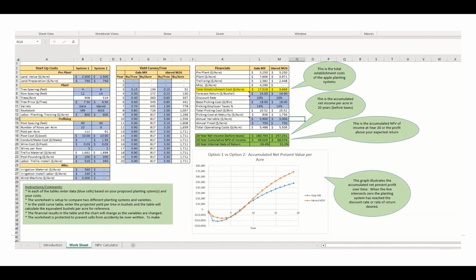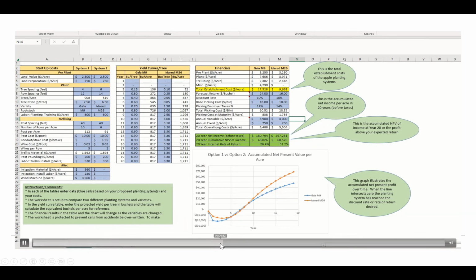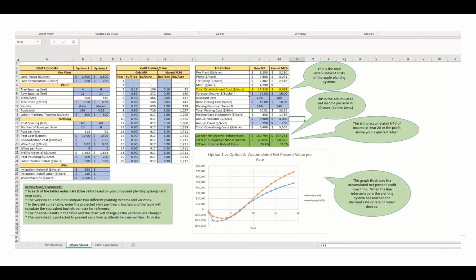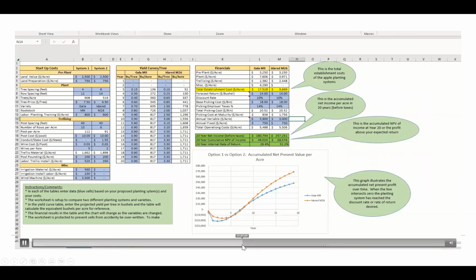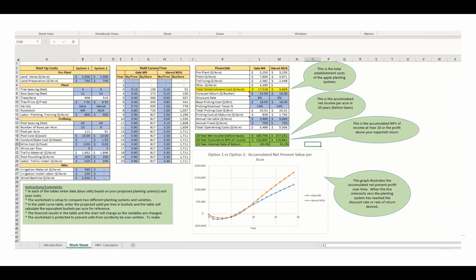So the project is more risky at 10%, and I'd have a lower return. I'm setting the bar higher for me to accept that project. Whereas if I lower it to 3%, now my cumulative net present value is 120. It's much closer to the non-adjusted rate.